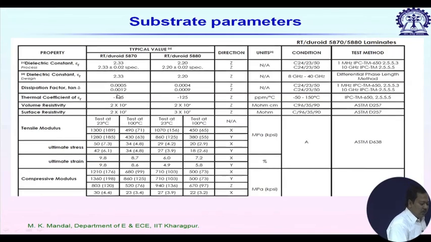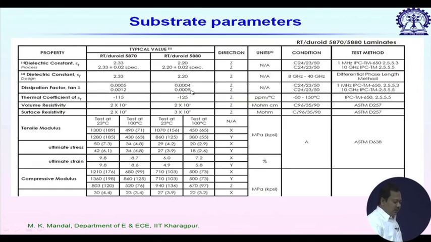You see for 5870, they are suggesting two values: 0.0005, this is at 1 megahertz, and below, 0.0012, this is at 10 gigahertz. For 5880, these values are 0.0004 and 0.0009.